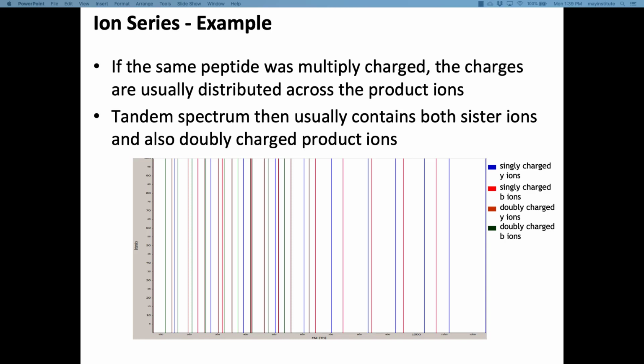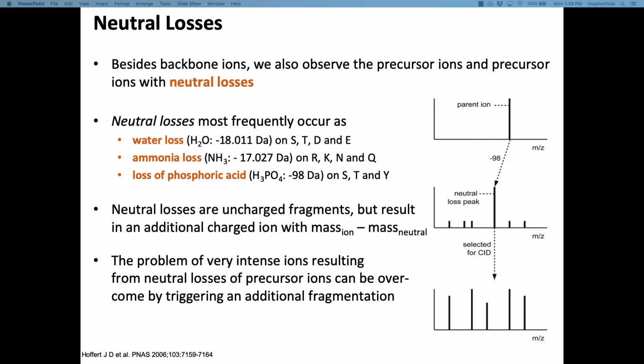To make things worse, that's not the only thing that can happen. If this peptide fragments, you can also see so-called neutral losses. That means the ion remains charged, but a neutral molecule falls off. The charge remains. Common losses are water, so you lose 18 Dalton, H2O, or ammonia, 17 Dalton.